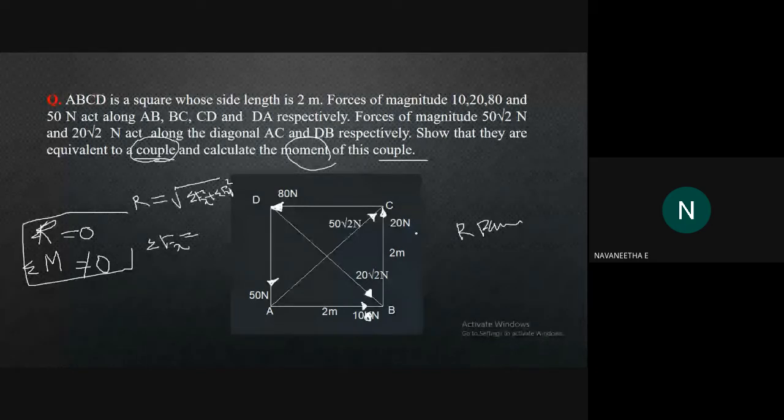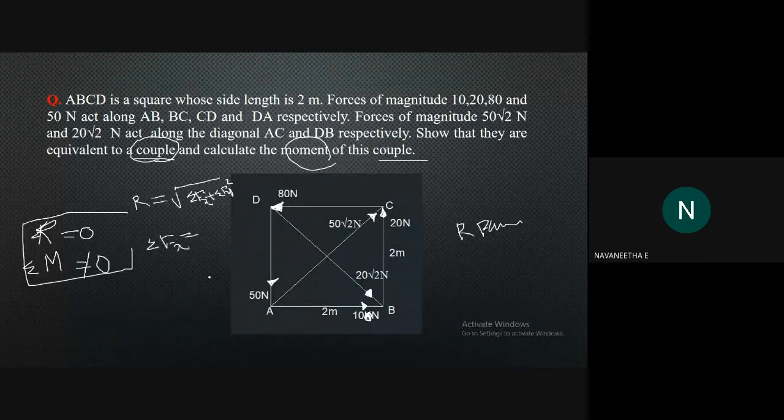No, it is in the y direction, so no need to consider 20 and 50 Newton. Then 80 Newton is also acting in the x direction. You need to consider the direction of the forces. Here 80 Newton is acting in the left hand direction, so it is negative. So sigma Fx equals 10 minus 80.